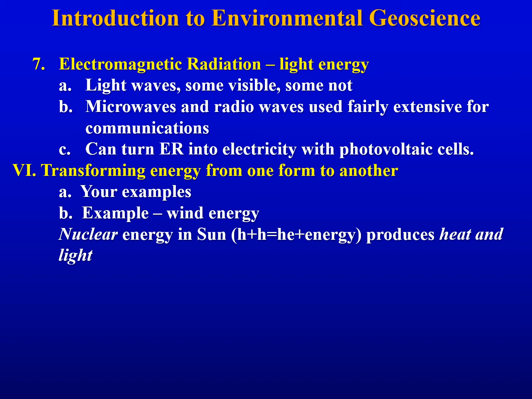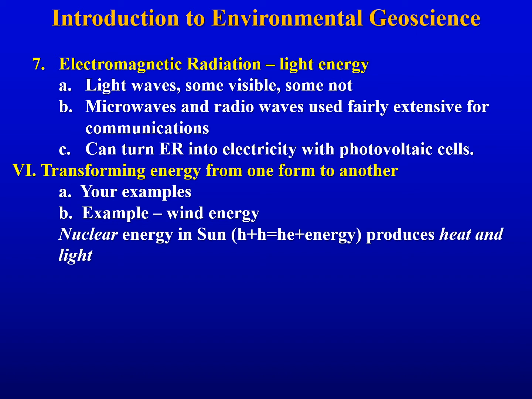There's so much pressure in the middle of the sun that hydrogens bump into other hydrogens with enough energy to fuse together and create a helium atom. When that happens, you take those two hydrogens, fuse them together, and it forms helium and gives off just a tiny bit of energy. Just a little bit of that mass is consumed. E equals mc squared. And that energy comes off the sun in the form of heat and light.